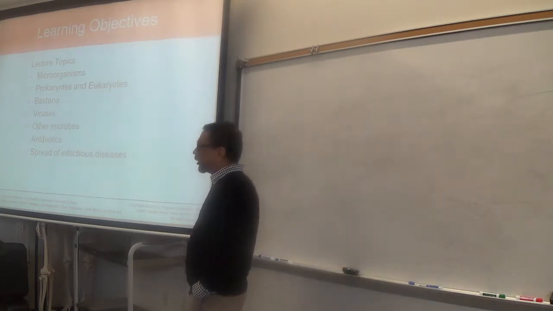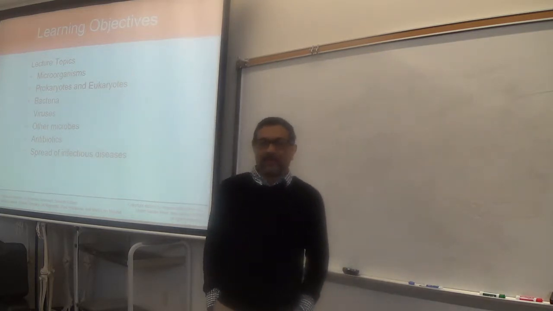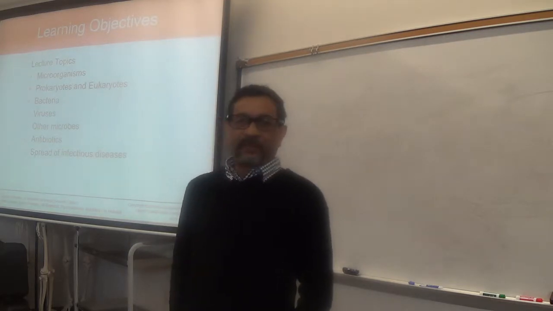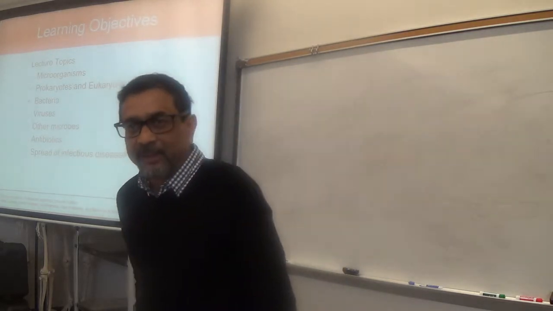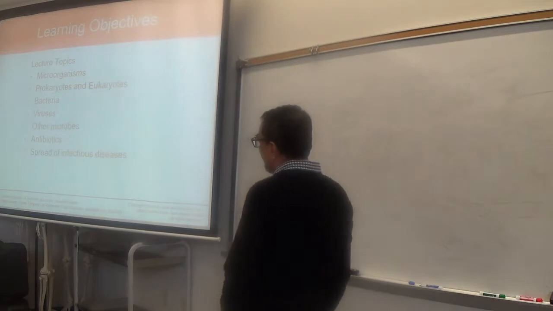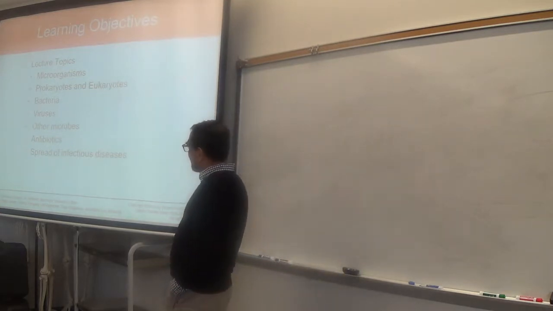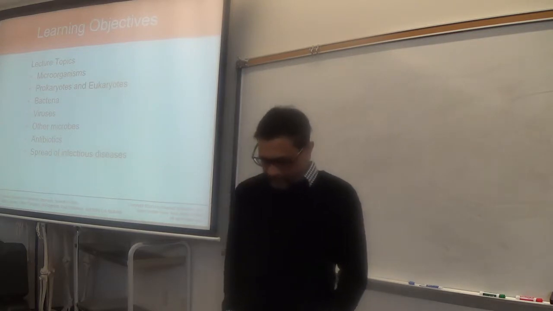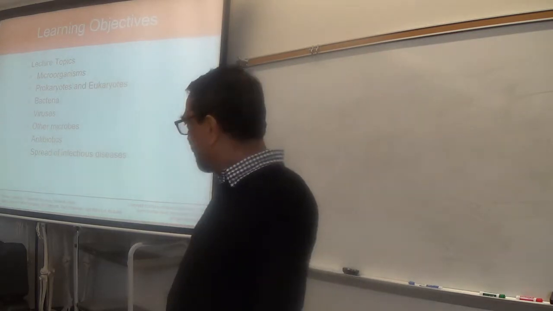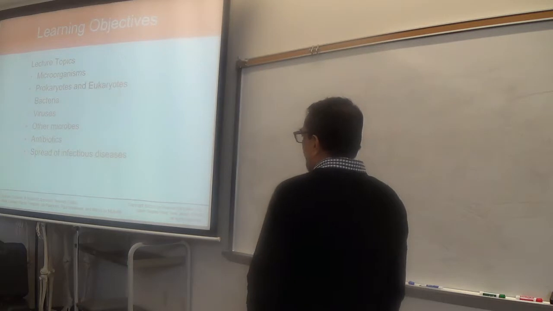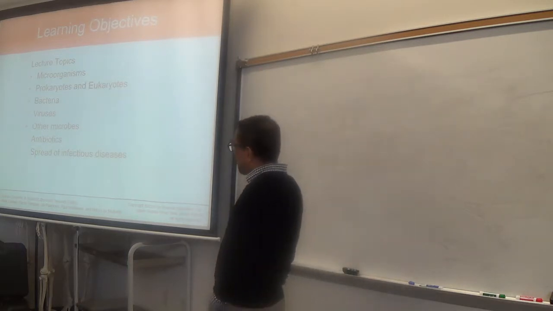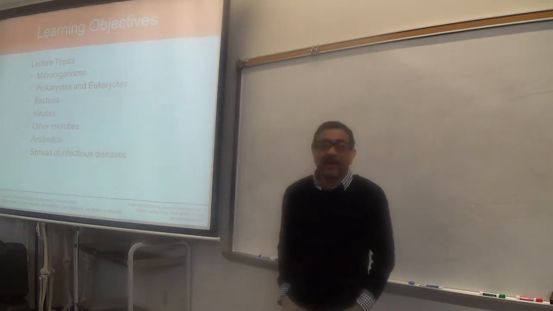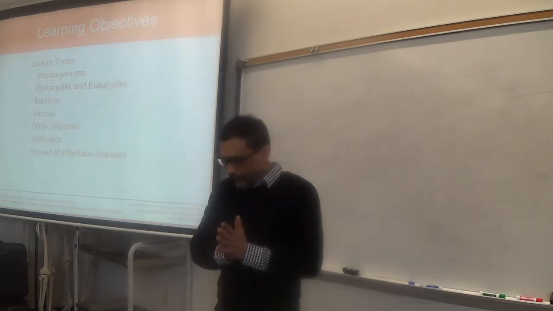Then we'll talk about antibiotics. That is the medicine that can kill the microorganisms. So we use antibiotics to treat the infectious diseases. We'll talk about antibiotics, then how the microorganisms spread in nature.